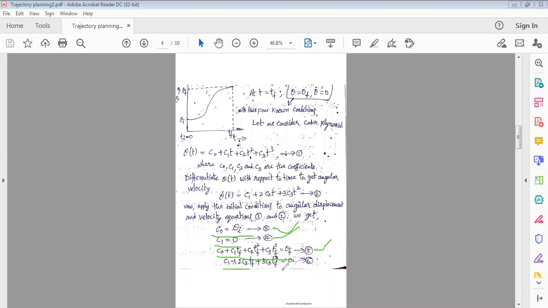Similarly, t is equal to tf and theta dot is equal to 0. In that case, this is equation 6. So from equation 3, you got coefficient C naught is equal to theta I. From equation 4, C1 is equal to 0. C2 and C3 we have to find from these two equations, 5 and 6.